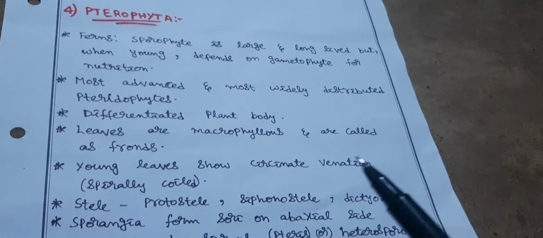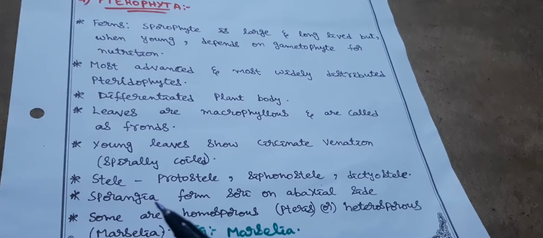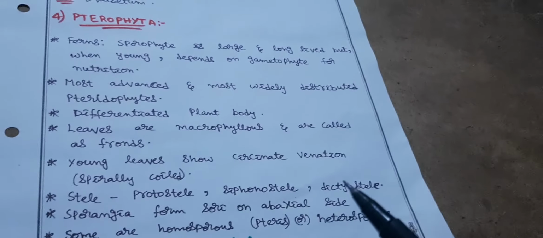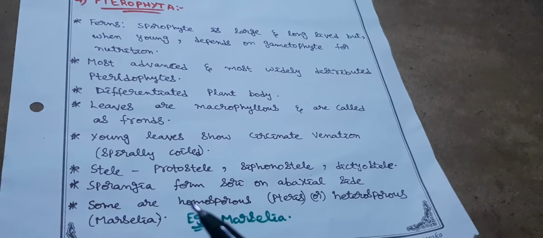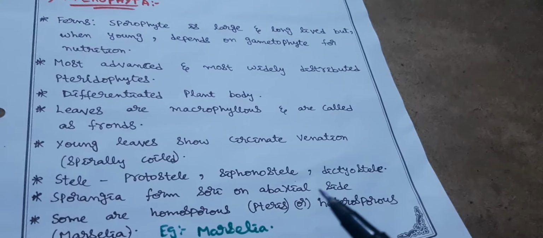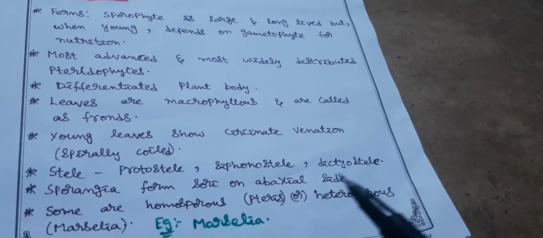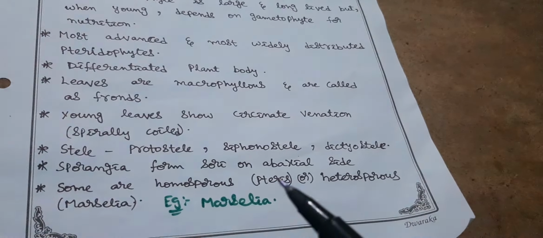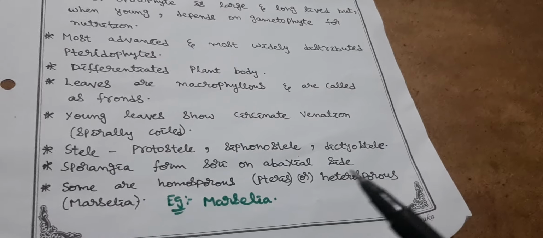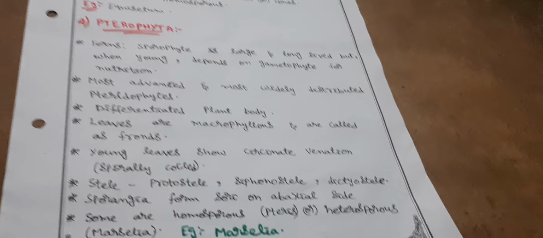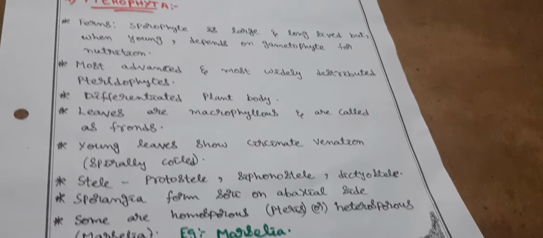The stele, protostele, siphonostele, or dictyostele, is seen in Pterophyta. Sporangia form sori on the abaxial side, that means on the lower side of the leaf. Some are homosporous like Pteris, and some are heterosporous like Marsilia. Example of Pterophyta is Marsilia.